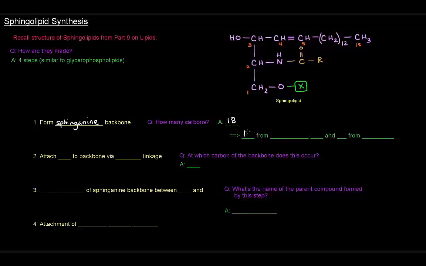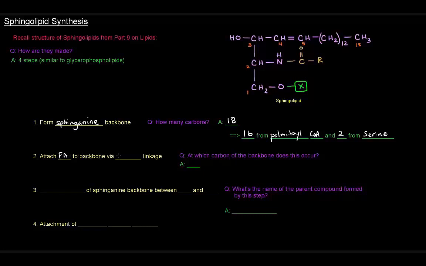And 16 of those carbons come from palmitoyl-CoA, which is an activated fatty acyl-CoA, and 2 of them come from an amino acid serine, which actually has 3 carbons, so we'll have to pay attention to where that 3rd carbon actually goes.